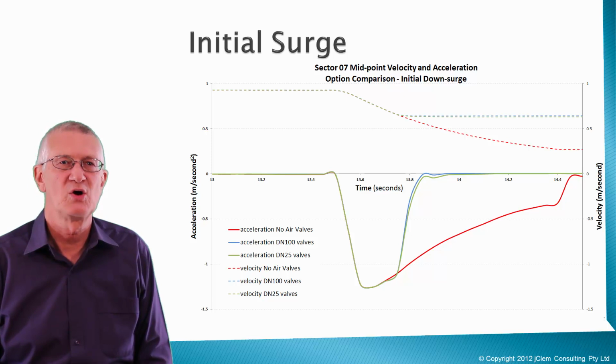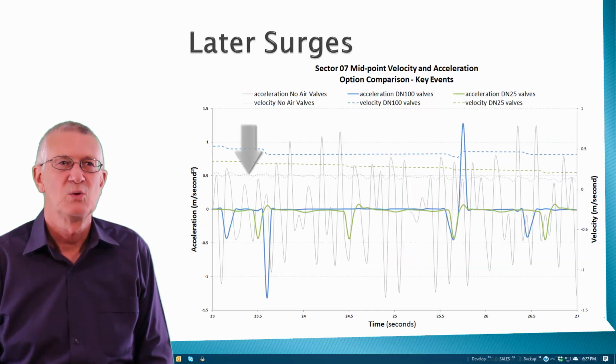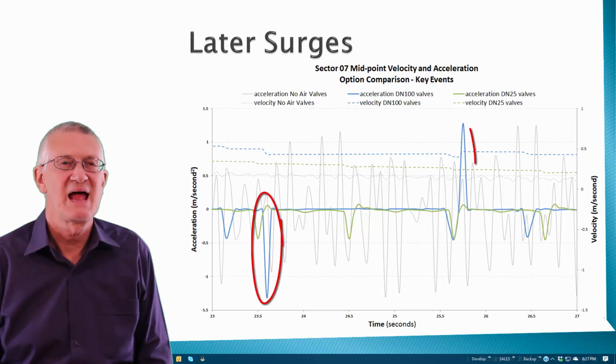So what is going on during the later stages of the surge event? We can ignore the light grey velocity graph and acceleration graph of the no air valves case. Here and here we see instances of the 100mm Ventamat valves at each end of pipe sector 7, allowing fluid accelerations of the same magnitude as the original sharp drop caused by the pump stopping.